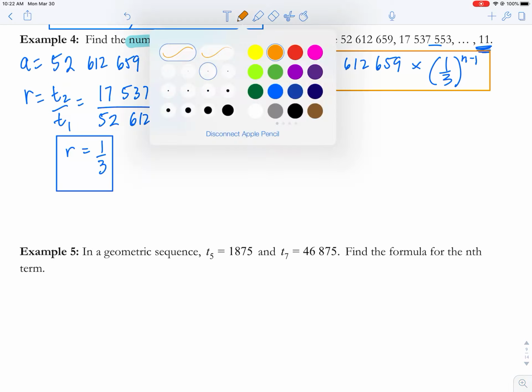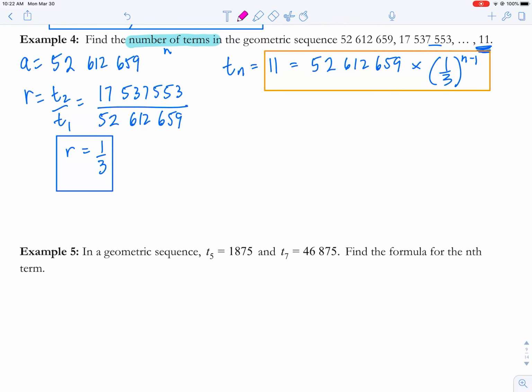Just a little log reminder. I will do this in pink right here. If we have 2 to the 3 equals 8, we could write down, 2 to the x equals 8. We know it's 2 to the 3. 2 to the x equals 8. We could write that x equals log base 2 of 8.